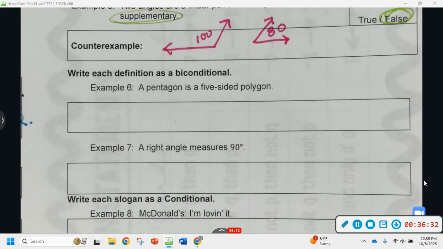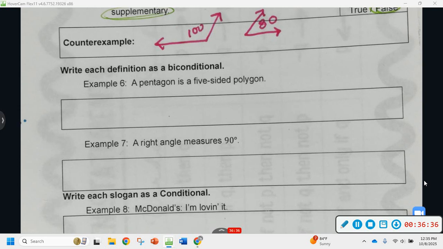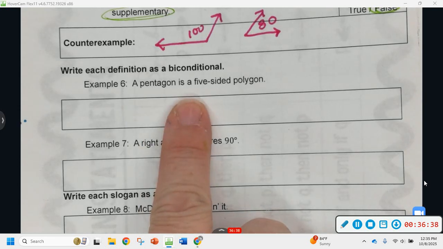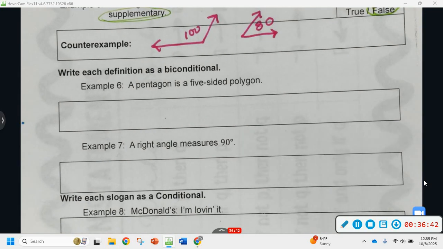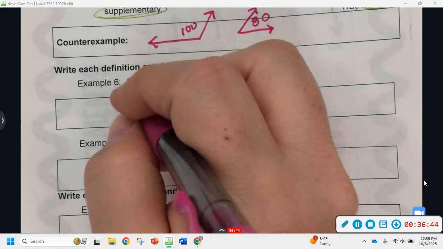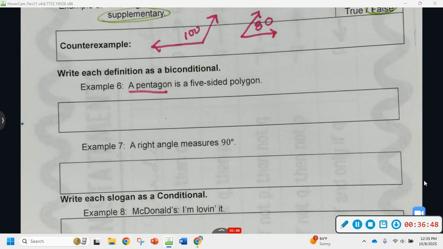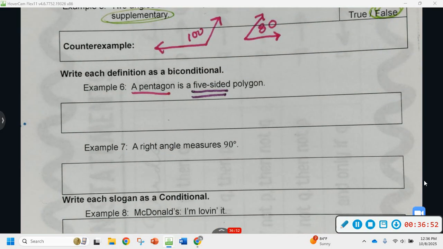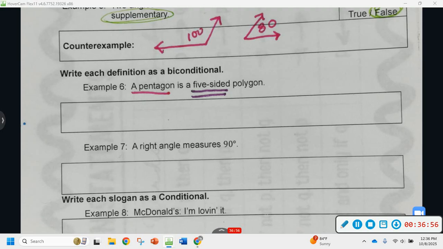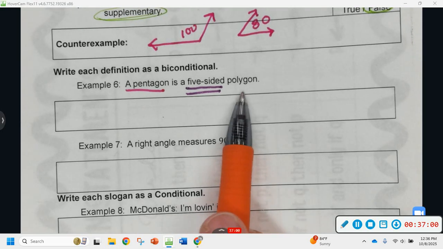We are going to write these definitions as biconditionals. So a pentagon is a five-sided polygon. We're talking about what is the subject. The subject is a pentagon. And what do we know about that pentagon? We know that it's got 5 sides. Now, we wouldn't say a pentagon if and only if is a 5-sided polygon.